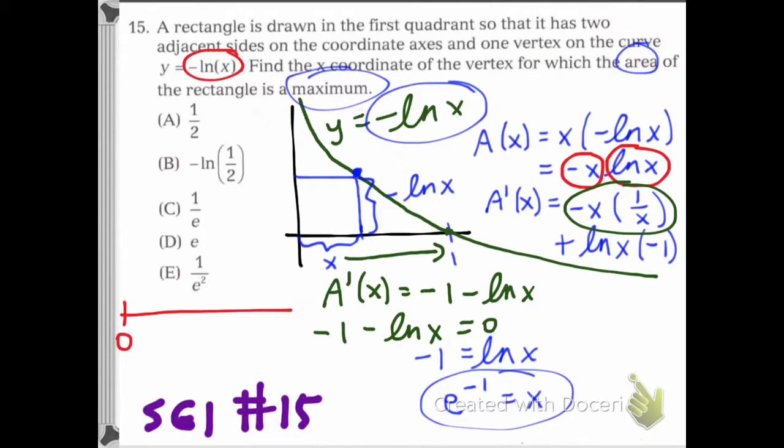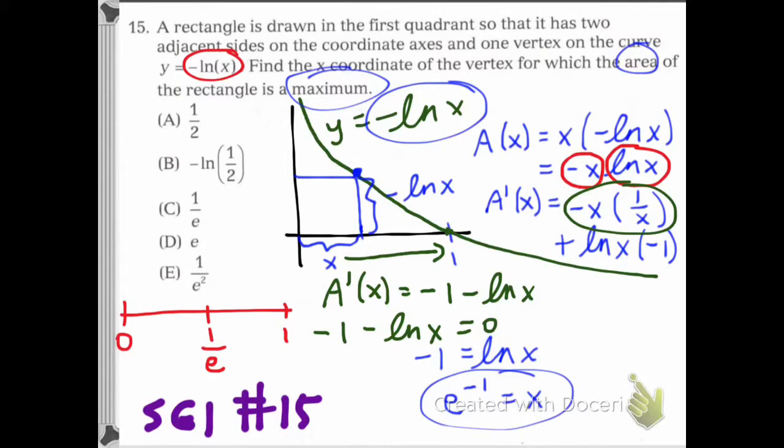And then the right-hand endpoint would be 1, because x can't be bigger than 1, because it says the rectangle is drawn in the first quadrant. If x is bigger than 1, then you've got a rectangle that comes down here, and that doesn't make any sense. So therefore we've got x equaling e to the negative 1, which is 1 over e, and that would give us our only critical point.